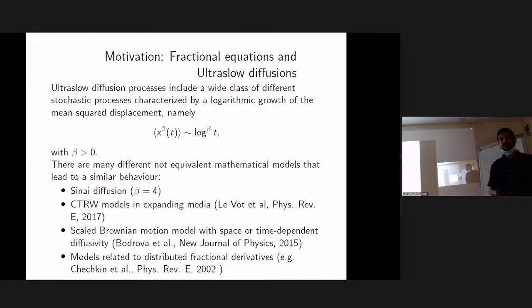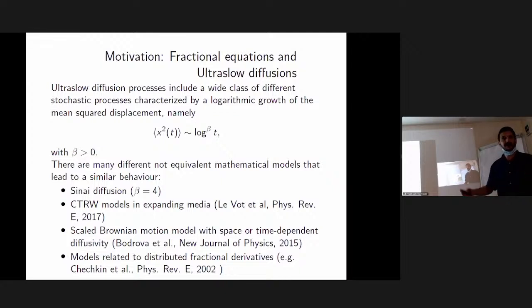So, first of all, the motivation: ultra-slow diffusion processes. As you know, for time fractional diffusion equations, there is a wide literature that gives the connection between anomalous diffusion, continuous time random walks, and time fractional diffusion equations involving Caputo type derivatives.